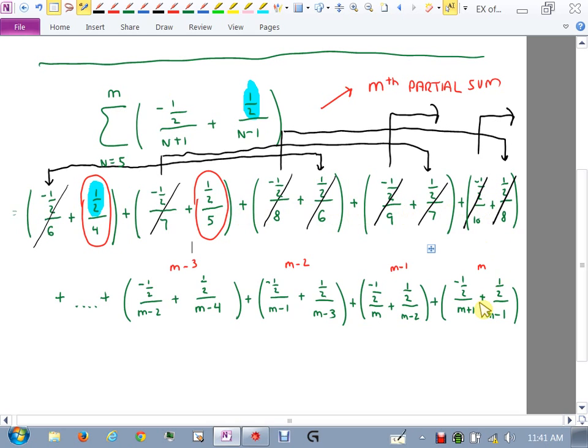Now let's come down here. And maybe we'll start from the back. How about this first one right here? Well, for first ones to cancel, you need to have a second one 2 parentheses further down the line, which you don't have here. So that one should stay. How about the first one in the parentheses in front of that? That would need to have a second one 2 parentheses away down to the right, which it doesn't.